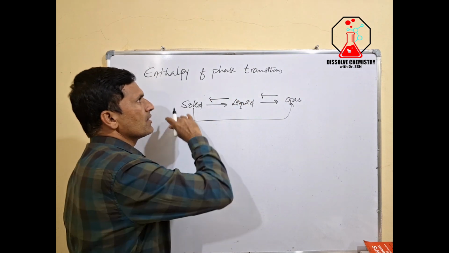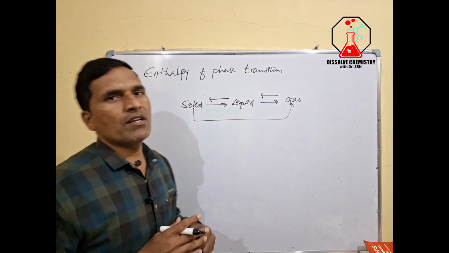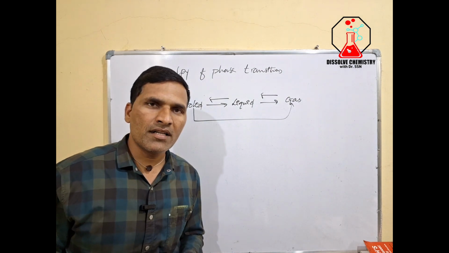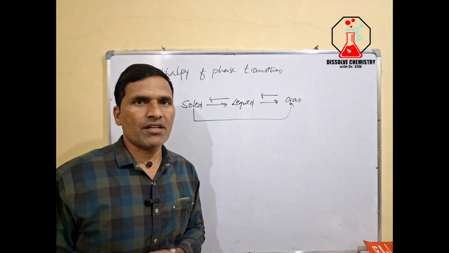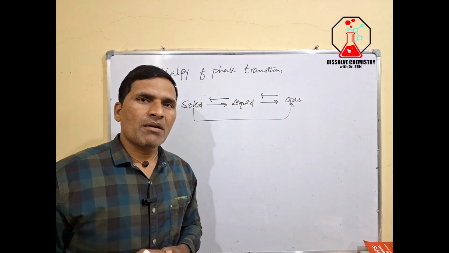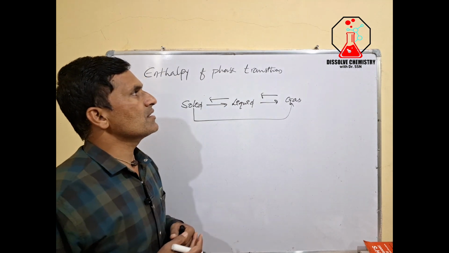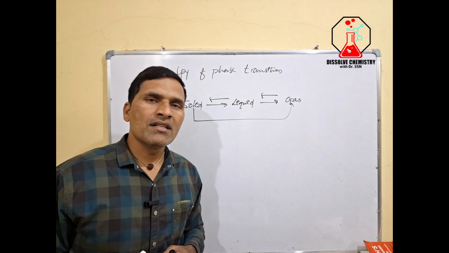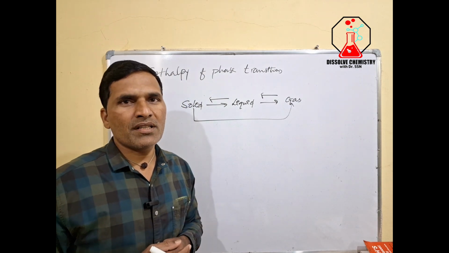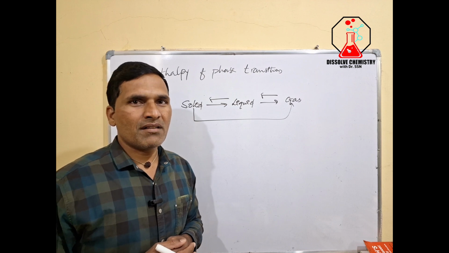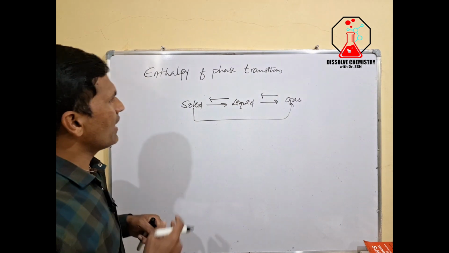So this interconversion from one physical state to another physical state, we call phase transition. And always remember, these phase transitions are accompanied by an amount of energy change during that process. Particularly, we will see one by one.